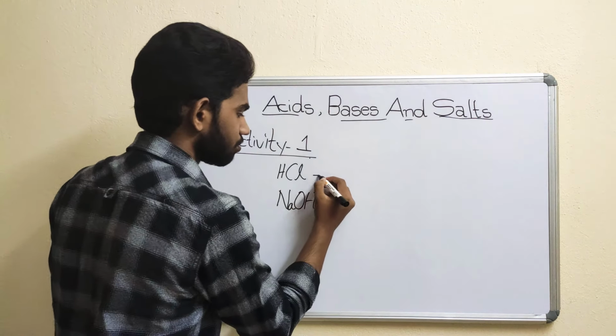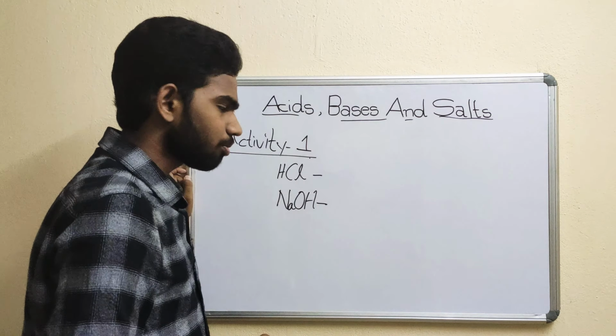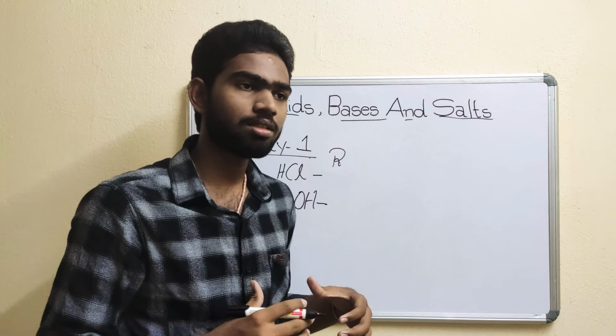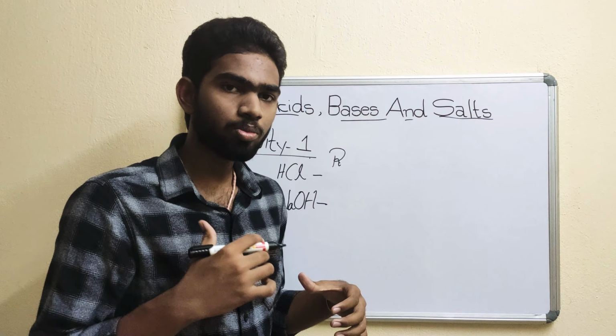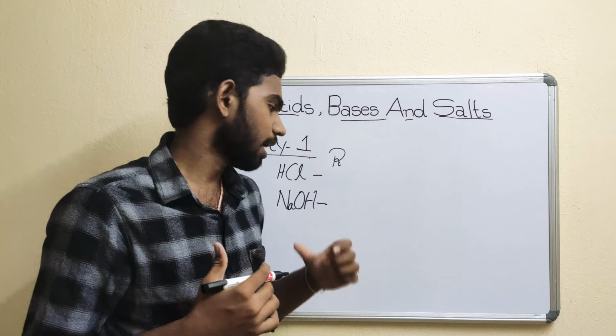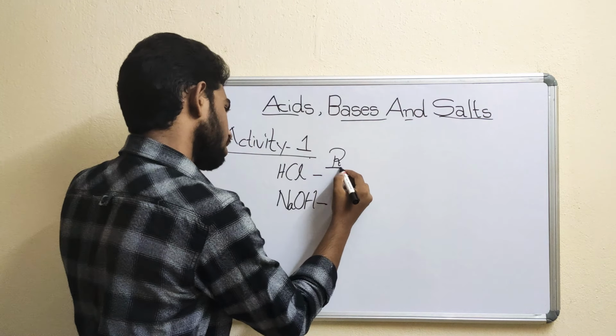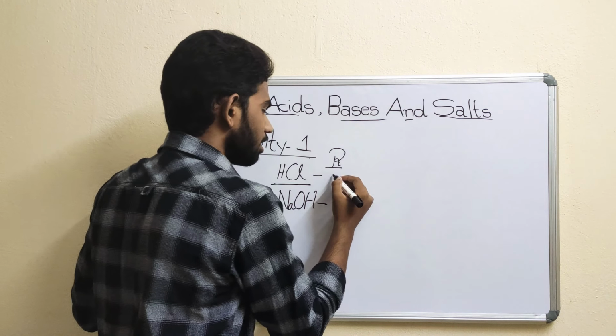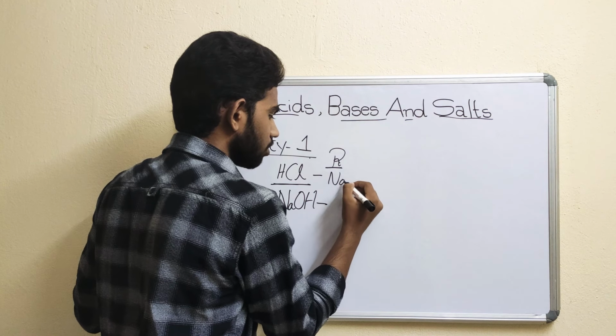Go through the textbook. Red litmus paper turns blue in base, and remains red in acid. When red litmus paper is dipped into HCl, as it is an acid, it remains the same, no change.